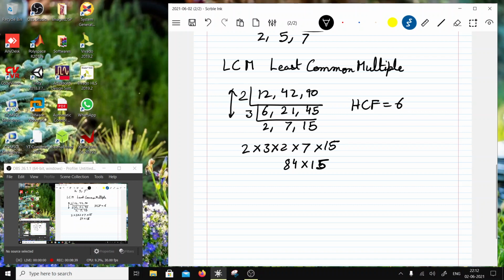If I do 84 into 15, so it will be 5 4s are 20, 5 8s are 40, 41, 42, and then you have got 84, so you have got 6 and 8 plus 4 is 12, so the answer is 1260. So LCM here is 1260, right?